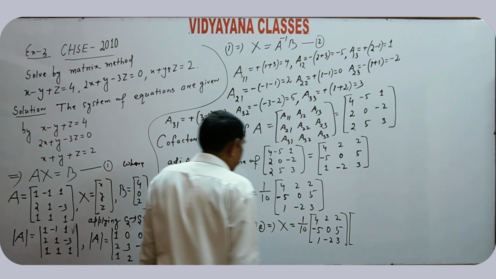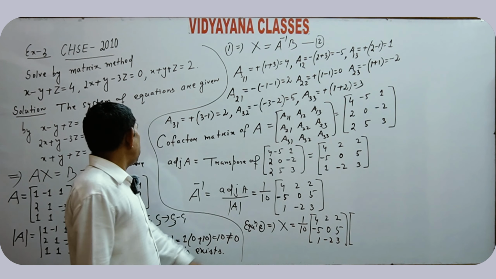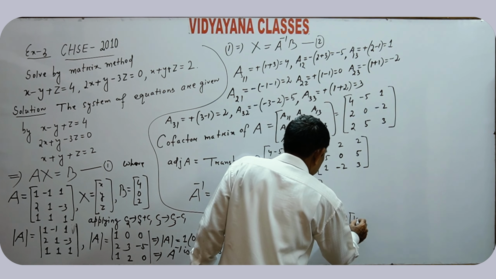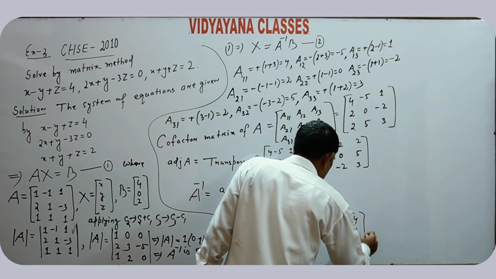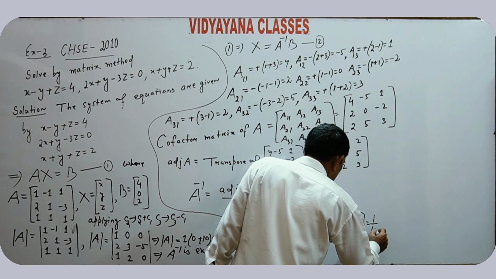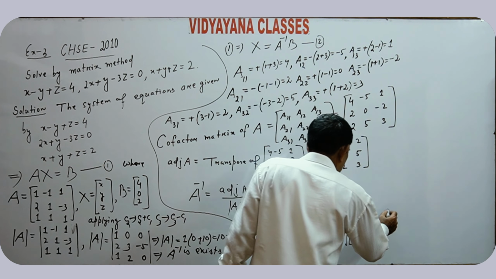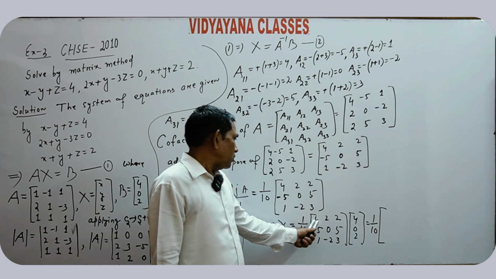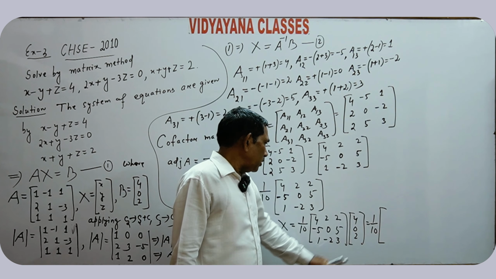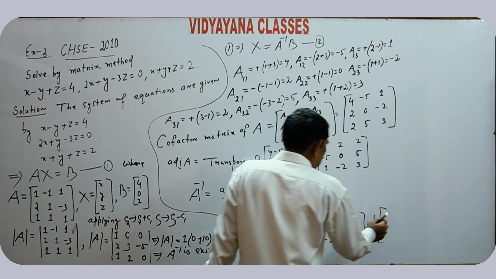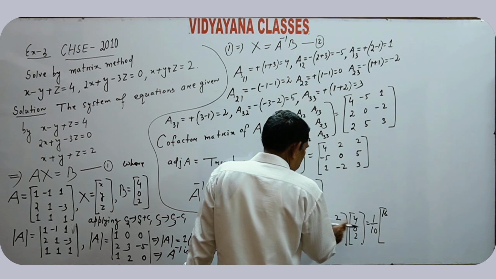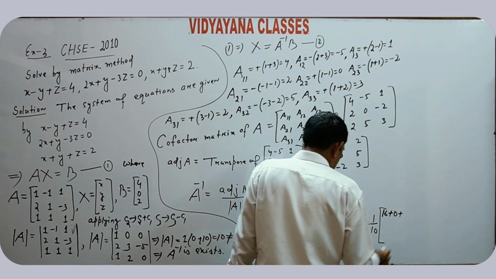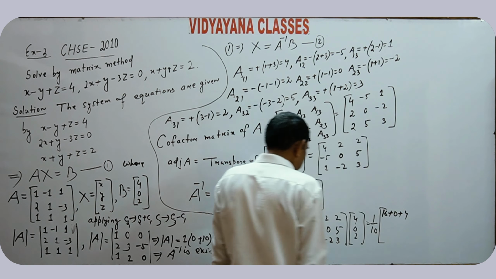Into B. B means matrix having elements 4, 0, 2 is equal to 1 by 10. By the matrix multiplication rule, go through row 1, come down in column 1: 16 plus 0 plus 4.